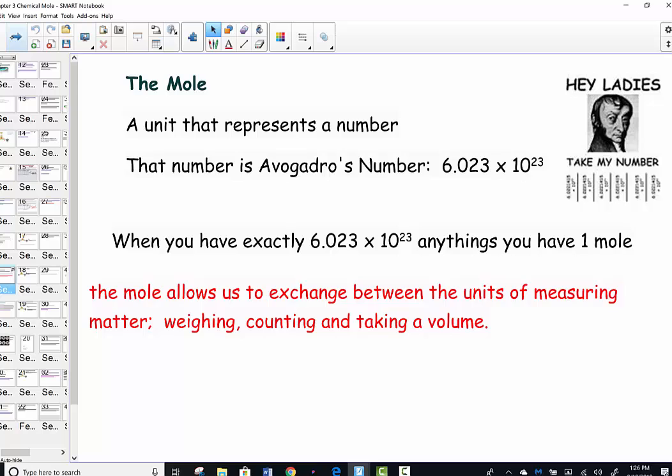If you were to take a grain of sand, how tiny is a grain of sand, and have a mole's worth of a grain of sand, not just one, but a whole mole, 6.02 times 10 to the 23rd grains of sand, what would it occupy for space? Would it fill a bucket? Would it fill this room?